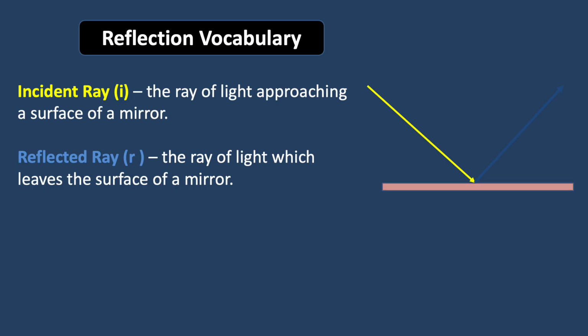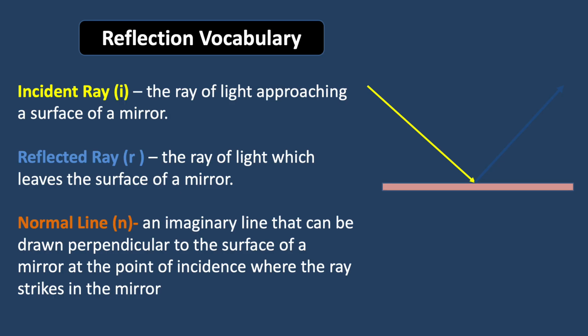The most important term for measuring reflection is the normal line, and this is an imaginary line that we always draw perpendicular, meaning at a 90-degree angle to the surface of the mirror, exactly where the incident ray strikes. And this line is our baseline for all angle measurements.